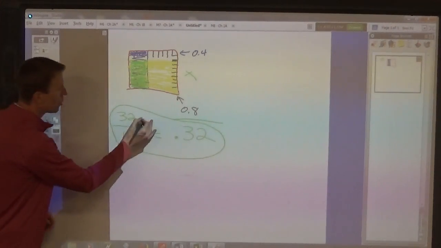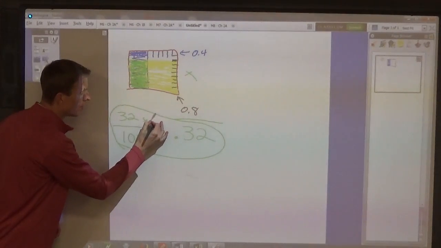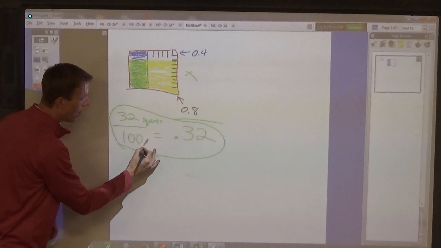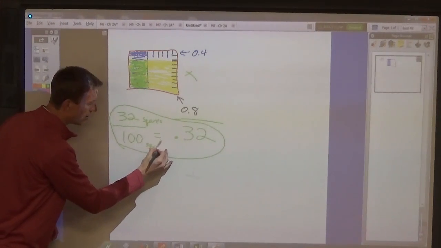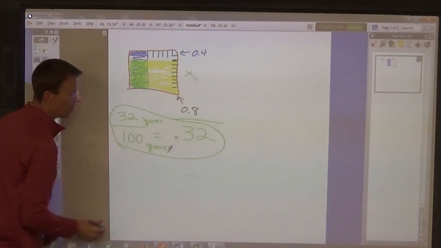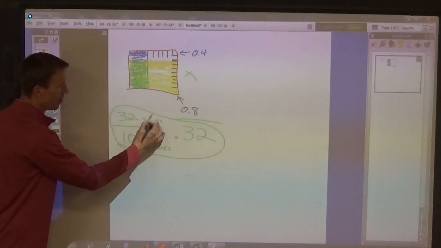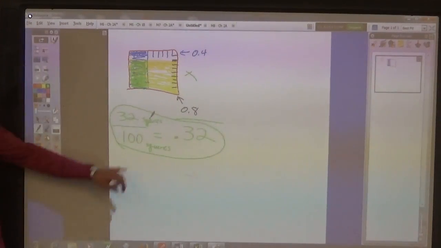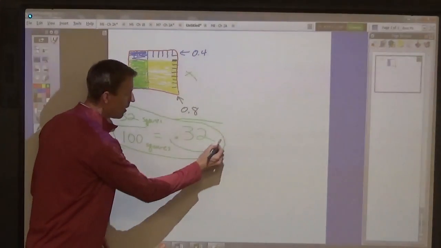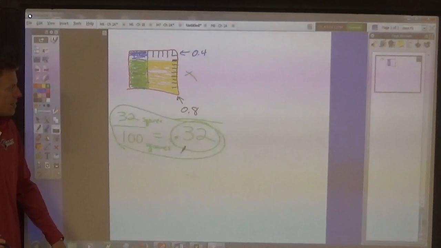This is 32 squares out of 100 squares. And this is how you would write 32 hundredths. It means the same thing.